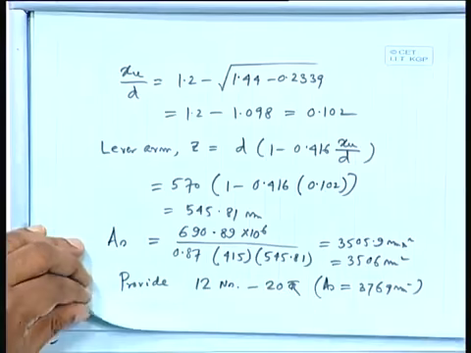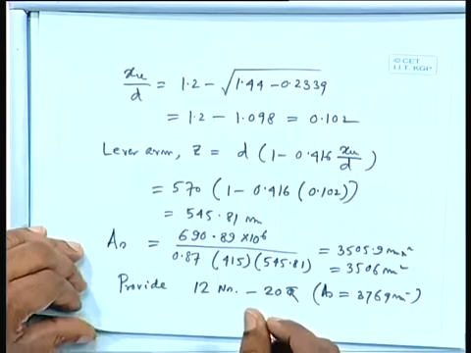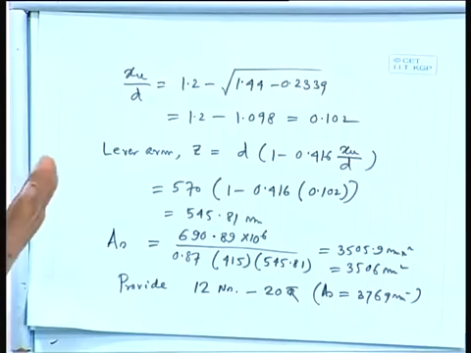But in beam, we are taking the full width, we know the definite length, and that's why we are providing the numbers. So where you know the full length, you specify the exact numbers. But where you are only calculating on the basis of a unit area or unit length, then you specify a spacing. Okay.